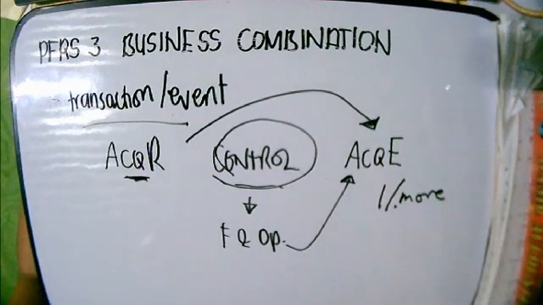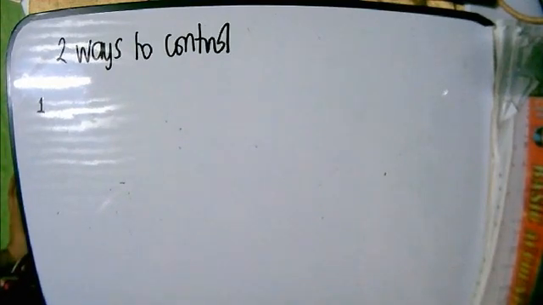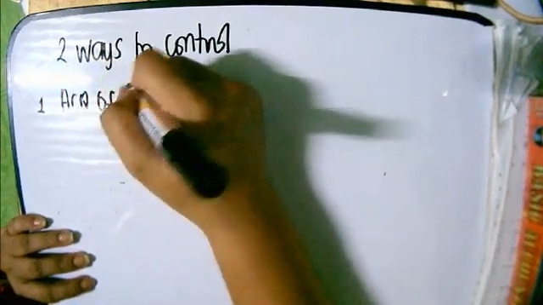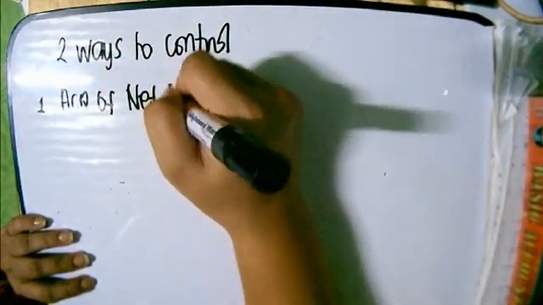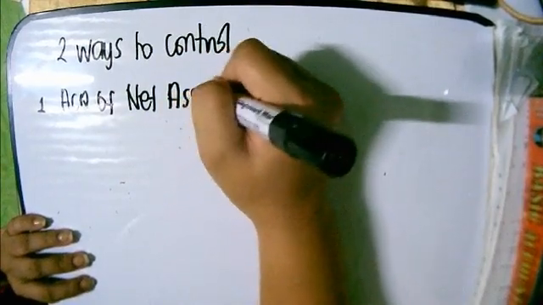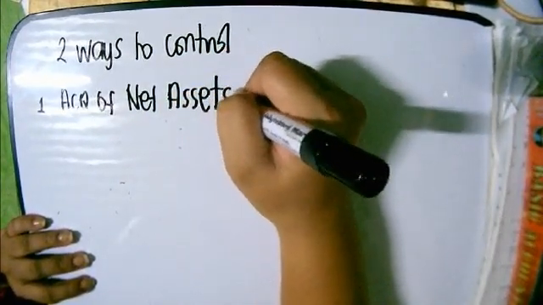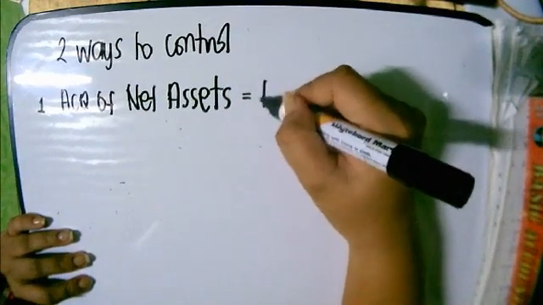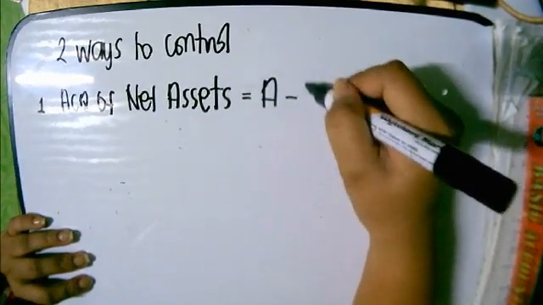Now, we have two ways to control a business unit. First is through acquisition of net assets. So, ibig sabihin daw, yung binili ni acquirer is ang net assets ni acquiree. Kapag sinabing net assets, that is equal to assets less liability.